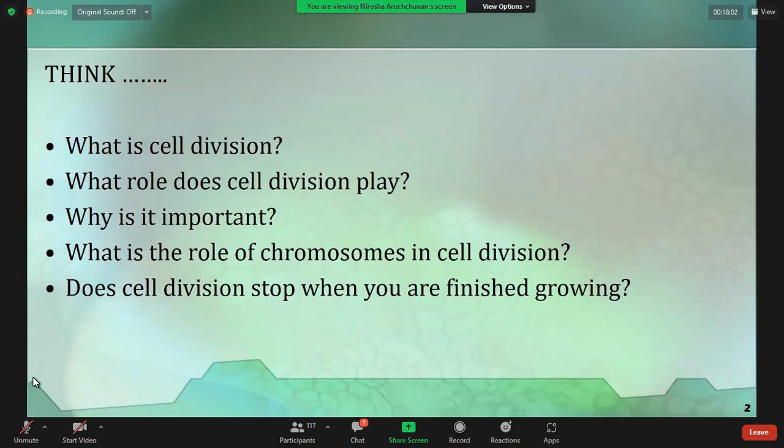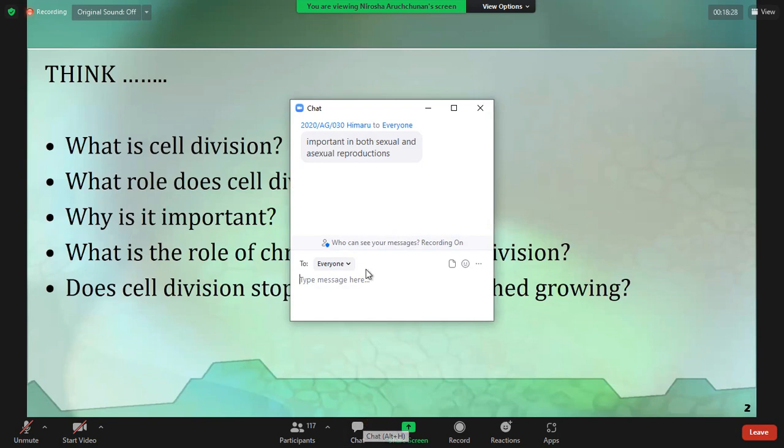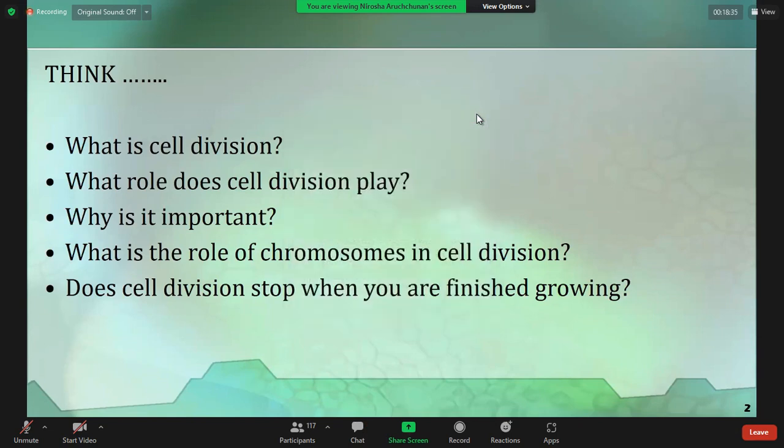And some more answers in the chat box. Cell 077 said cell division is making any new cells. 147 said where parent cells are divided into two daughter cells. 30 said important in both sexual and asexual reproduction. 130 said multiplying involving nuclear and cytoplasmic division.